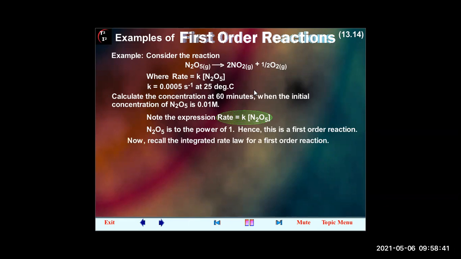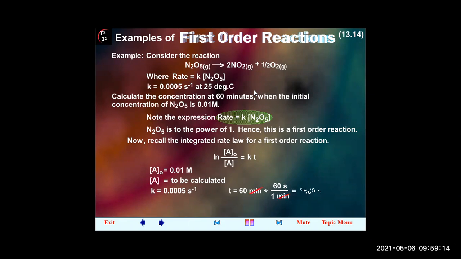Now, recall the integrated rate law for a first-order reaction. The concentration of A initial is equal to 0.01 molar. The concentration of A is to be calculated. K is equal to 0.0005 per second. T is equal to 60 minutes times 60 seconds per minute, which is equal to 3,600 seconds.